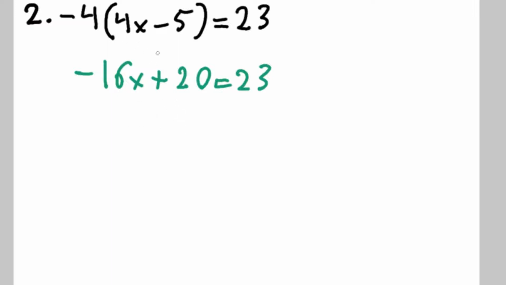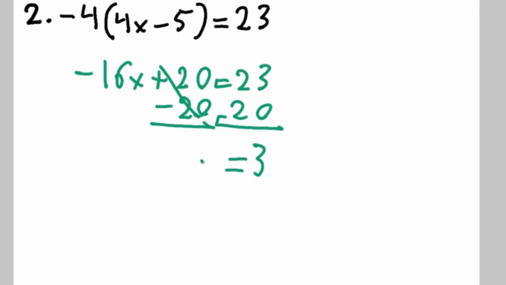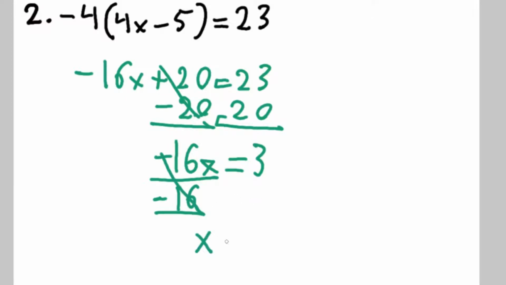So let's look at the pattern here. You see, it goes from a multi-step equation to what looks like a simple two-step equation. So let's do the inverse operation here. That cancels out. And just keep doing the inverse operations till you get x by itself.